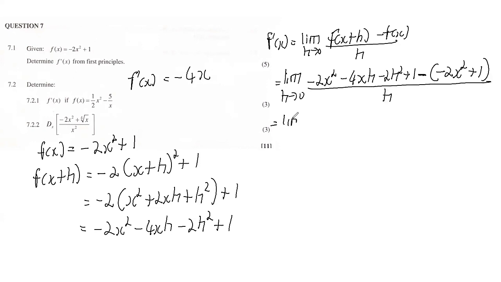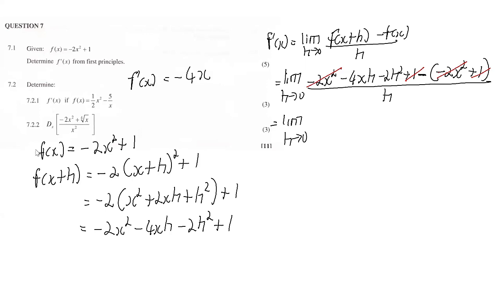Again, lim h approaching 0. At this point, we cancel out the negative 2x squared and that negative 2x squared, because it will eventually come out as a positive. Then the positive 1 and the positive 1 cancel because it will come out as a negative, so it will be 1 minus 1.